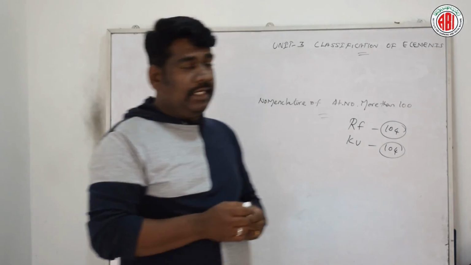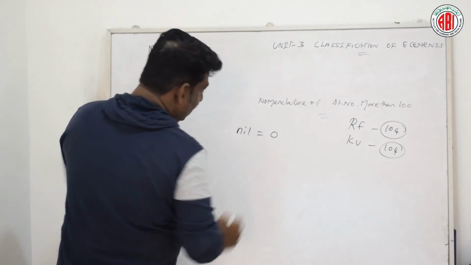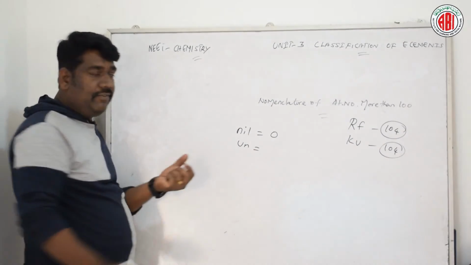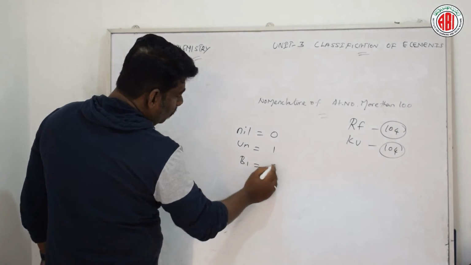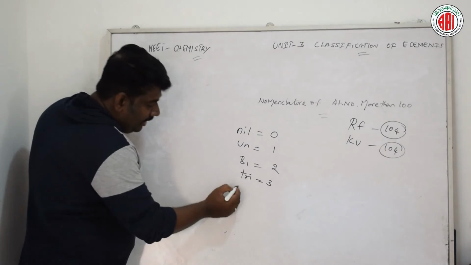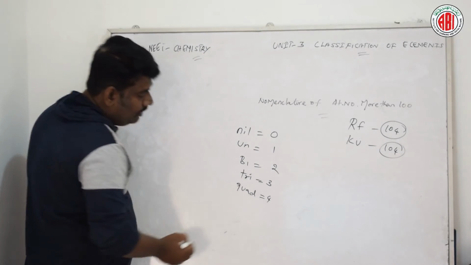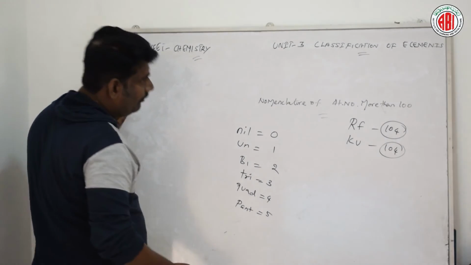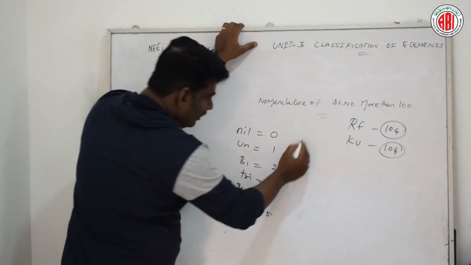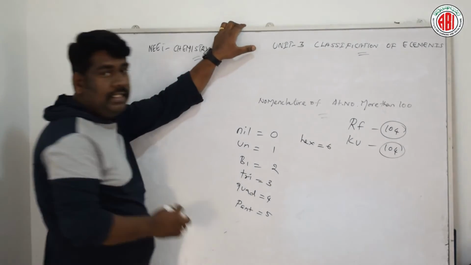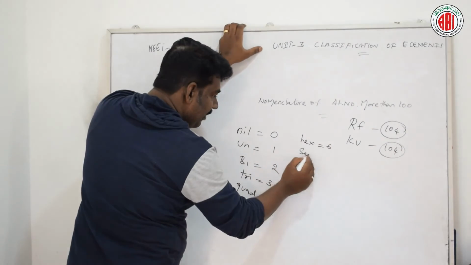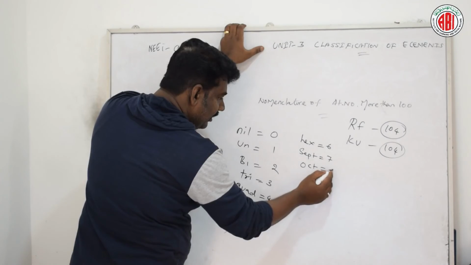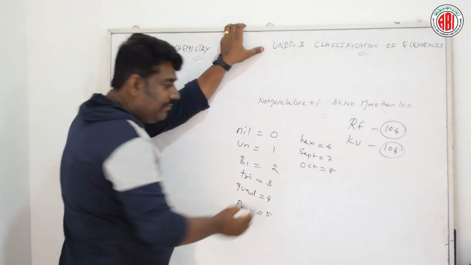For example, nil for 0, un for 1, bi for 2, tri for 3, quad for 4, pent for 5, hex for 6, sept for 7, oct for 8, and en for 9.